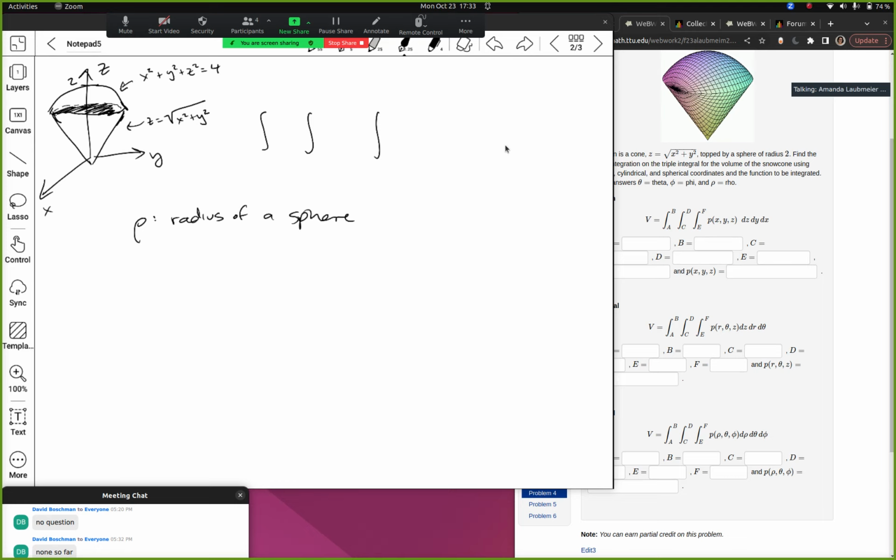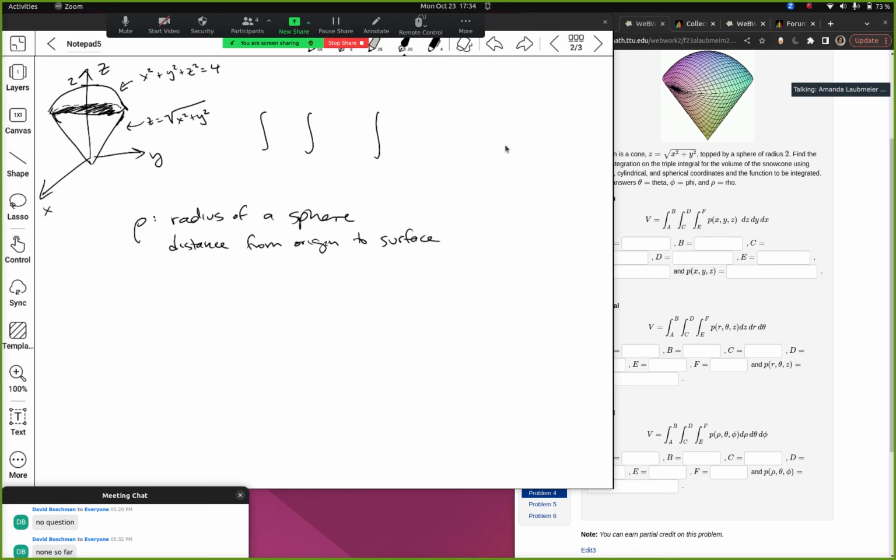Rho is a radius of a sphere. It's the distance from origin to surface. But if you always think about being the same distance from the origin, you are a sphere. Just like in polar coordinates, the same distance from the origin r is a circle.